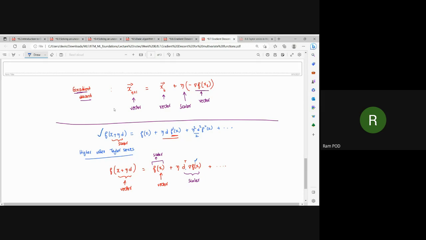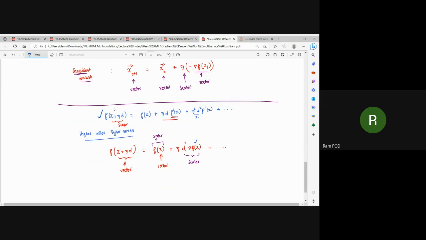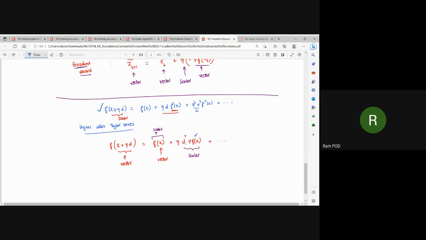One thing you need to keep in mind, because most of you might already be aware: no matter what the input value is, that is f of x, this x could be a single dimension or it could be a vector, but f of x will always be a scalar. The function value will always be scalar.